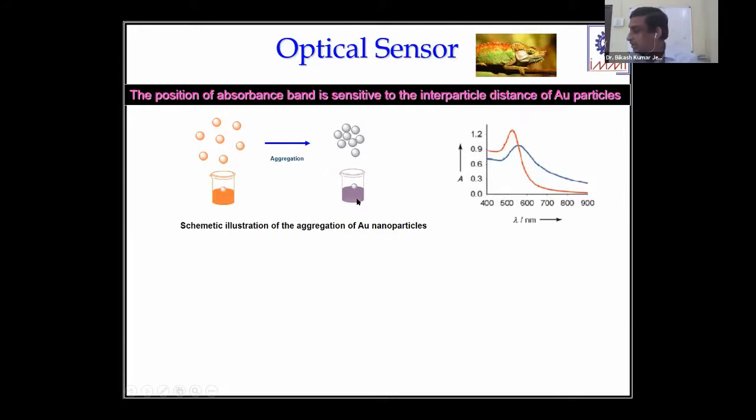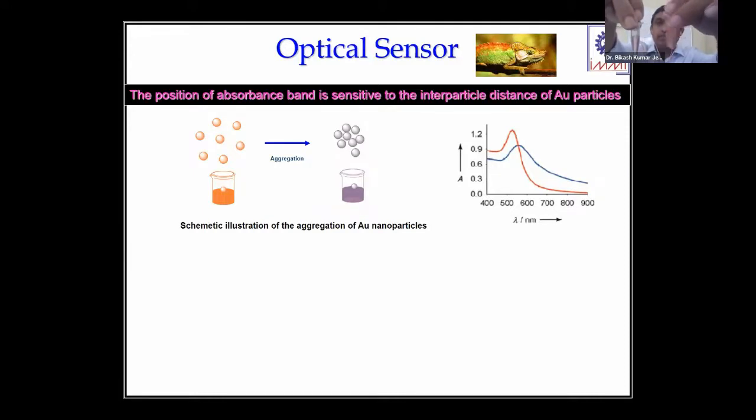I have also done some experiment, and I will show you how we can do this. I have taken this nanoparticle. This is a pure nanoparticle that I synthesized. I have added some different molecule that I want to sense. When I add this molecule, the color has changed.